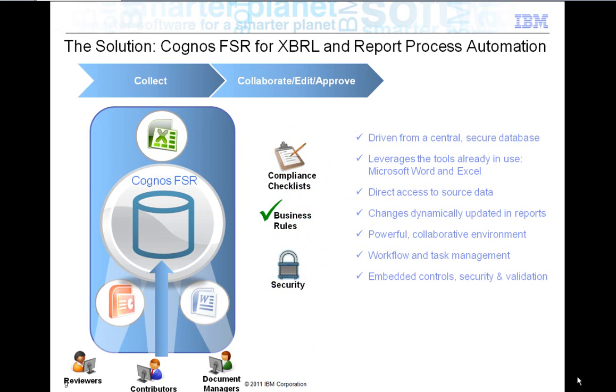Now, what you can also begin to embed are additional controls, whereas you may have specific checklists incorporated as it relates to XBRL, as it relates to your external or internal auditors, or simply a step-by-step process flow that you would like followed to make sure that you have all of your ducks in a row.